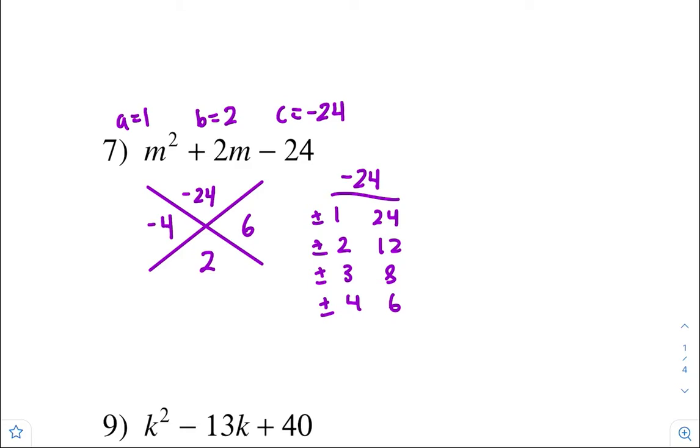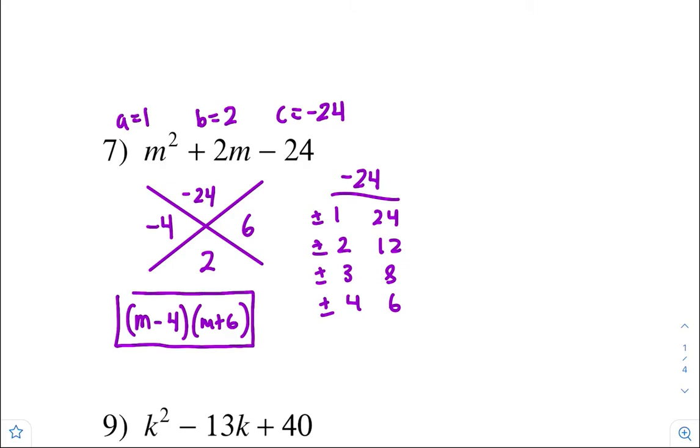The 4 has to be negative, because negative 4 times 6 is negative 24, and negative 4 plus 6 gives us the positive 2. So there's the combo, and our factors are m minus 4 times m plus 6. Those are our two factors.